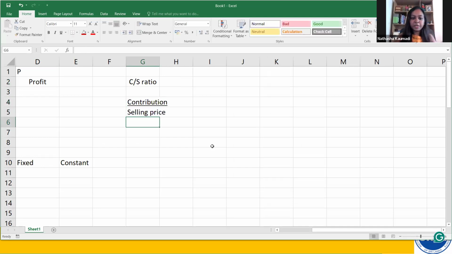Now this should be contribution per unit, I would say, because we are taking selling price per unit. So if we have contribution per unit divided by selling price, you have the CS ratio.